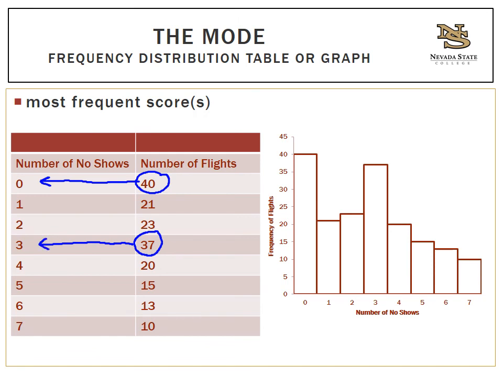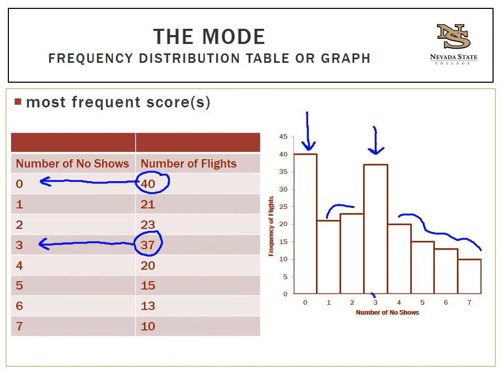Now, this is even easier to figure out and visualize when you have a frequency distribution graph. So you can see in this graph, this bar right here and this bar right here are nearly the same height, and they're far higher, or representing far greater frequencies than all the other values in the data set.